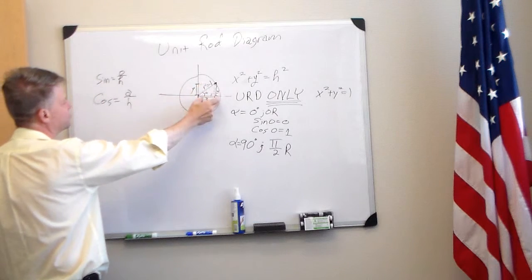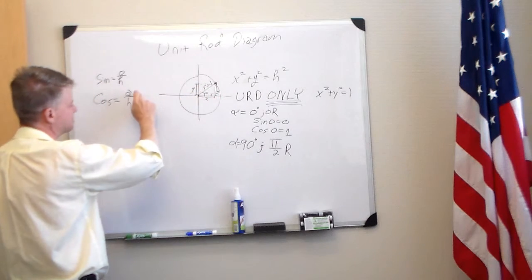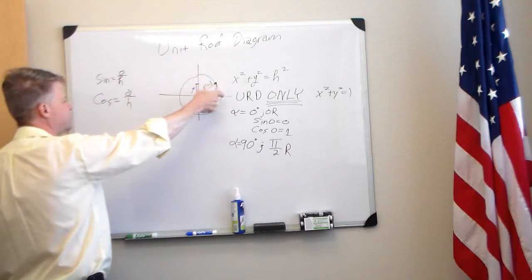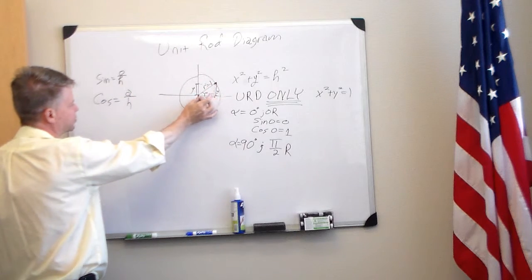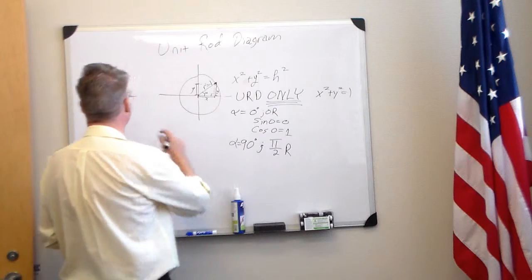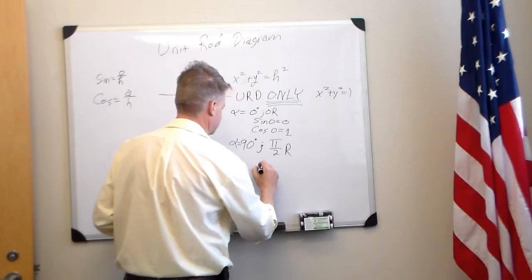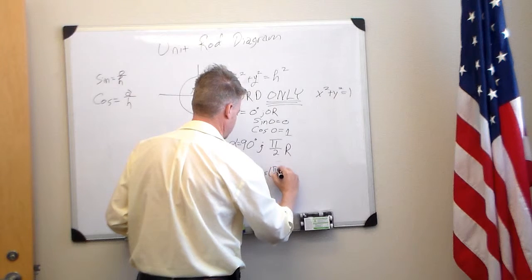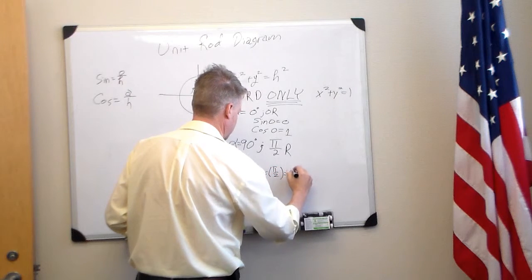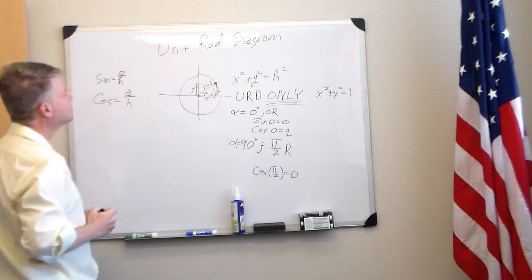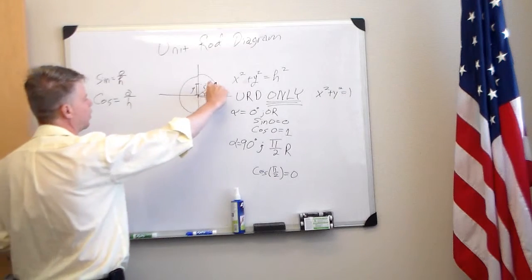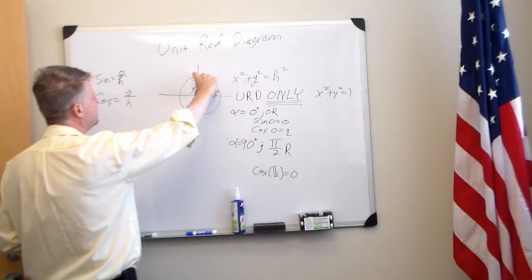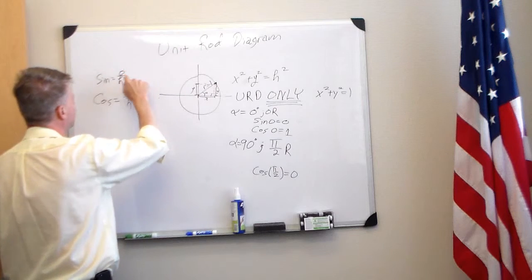And if x, remember, x is the adjacent. If the adjacent is equal to 0, if that x shrinks down to 0, that means that we have 0 over 1. And that's 0. But the opposite, which is y, the opposite becomes equal to the radius. And we get 1 over 1.